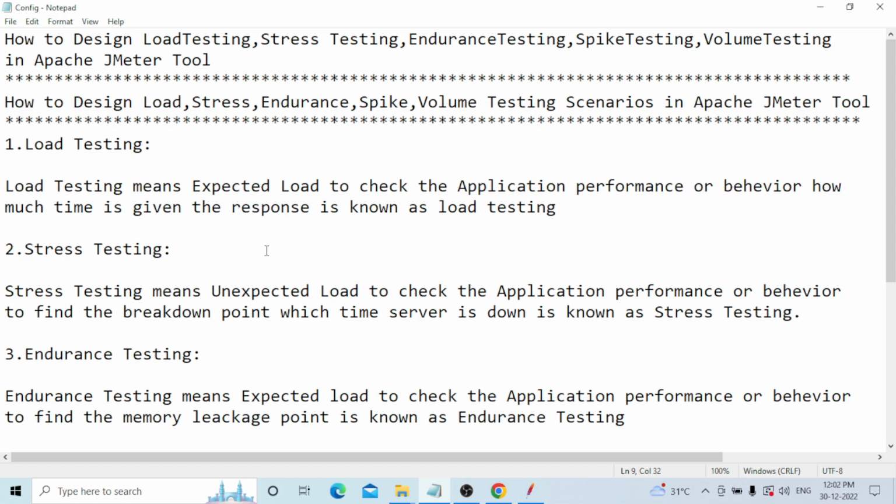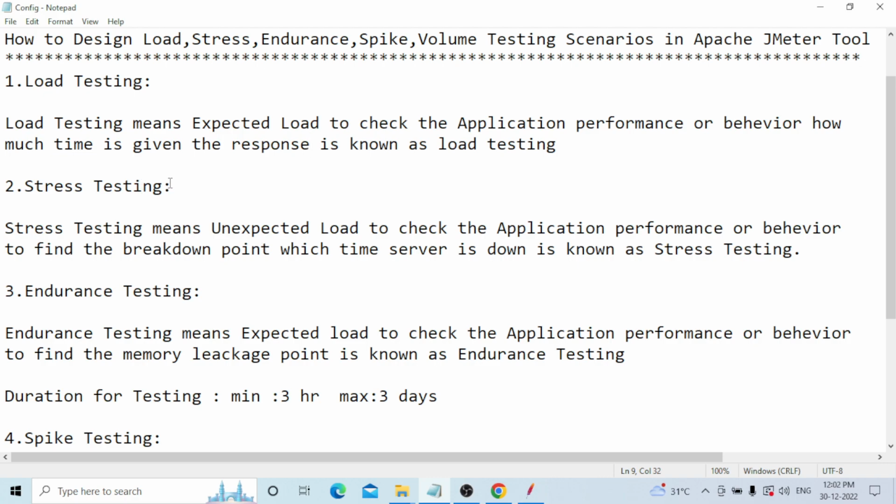Now moving to stress testing, the second one. Stress testing means applying an unexpected load to check the application's performance or behavior, to find the breakdown point at which the server goes down. For example, in the US on Thanksgiving days, or in India during any festival season, suddenly there are unexpected users visiting the website and trying to book orders. Whatever things they require, they select and move to the basket and pay the money.